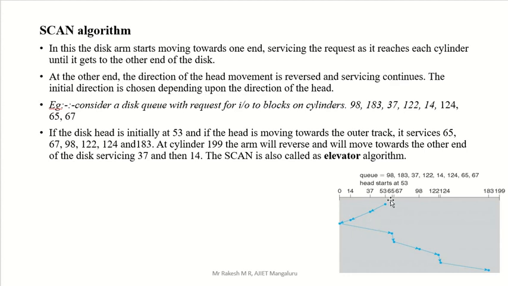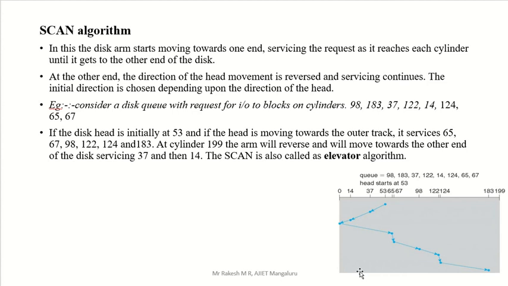So once you start from one end, go to the dead end, then at that point reverse your direction and come to the first end. Whatever services are asked while coming to the beginning end, you have to serve again. Then again reverse your direction and go to the dead end.